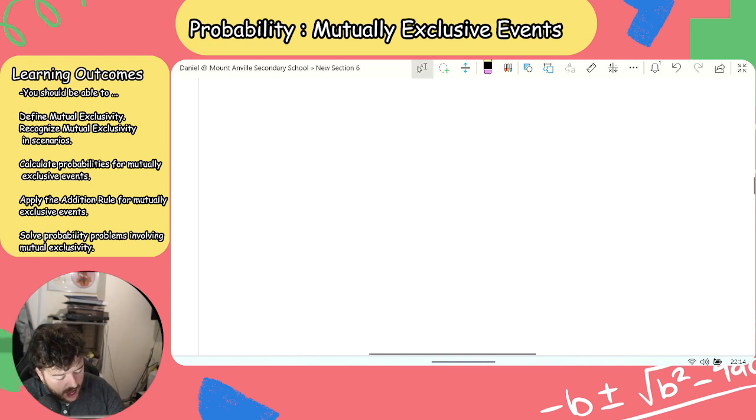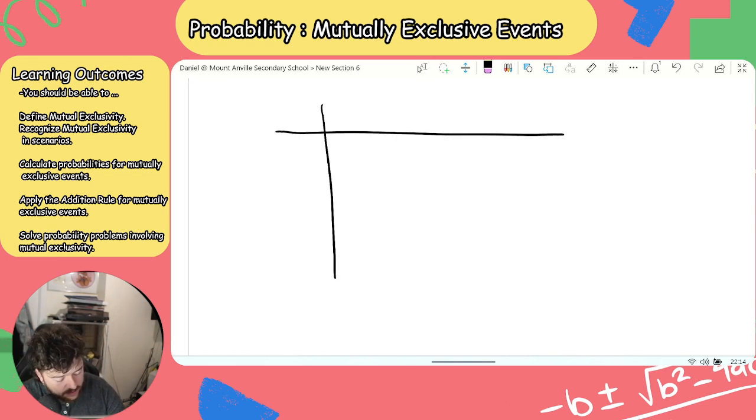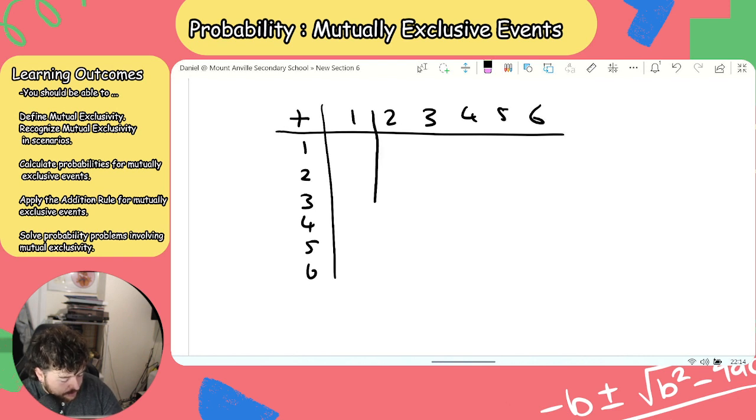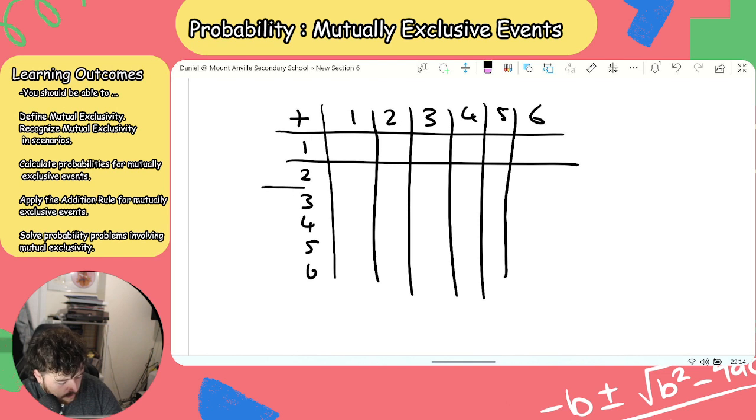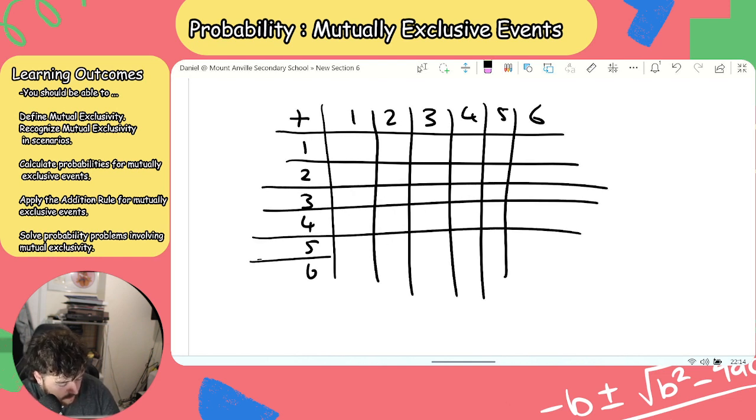So let's just draw out my two-way table here to gather my probability. So this is my first dice: 1, 2, 3, 4, 5, 6. My second dice: 1, 2, 3, 4, 5, 6. So 1 plus 1 is 2. 1 plus 2 is 3.